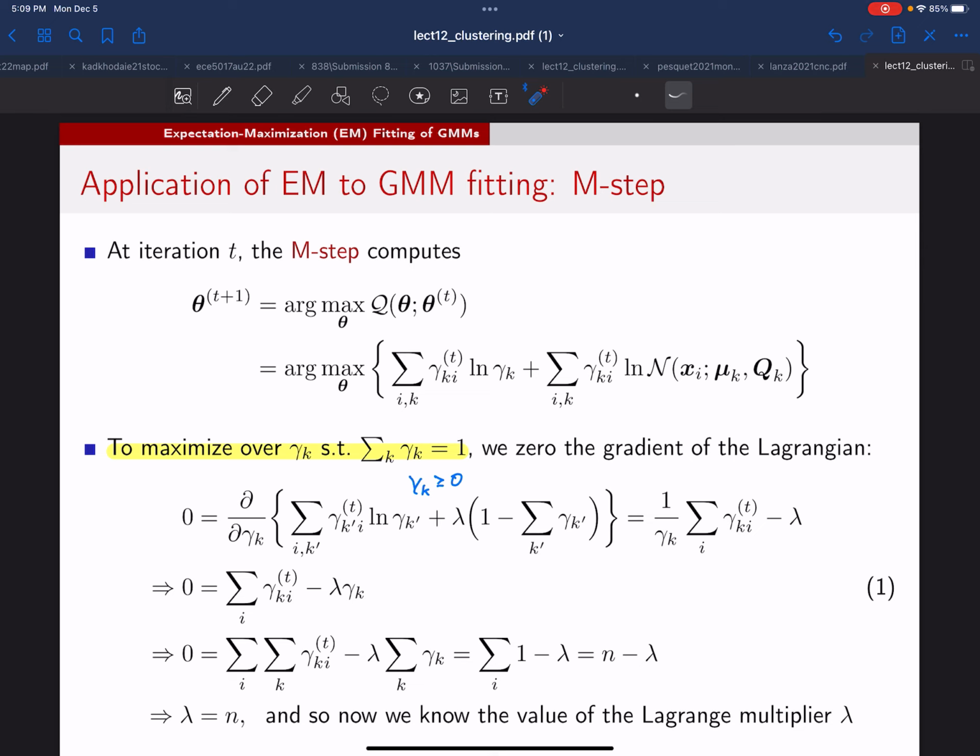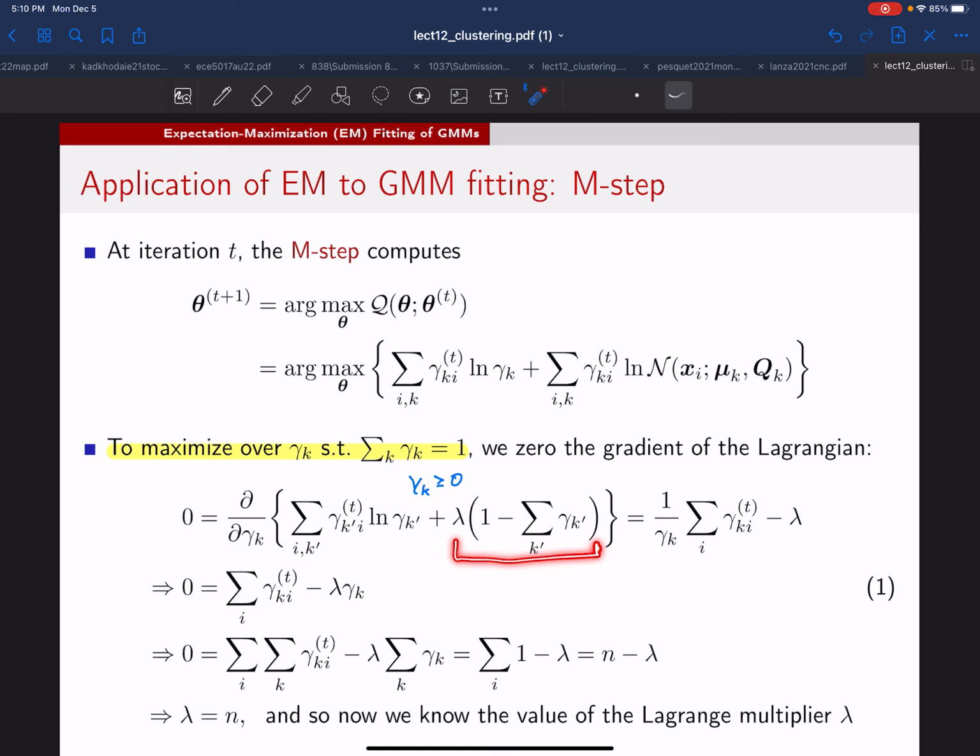It will happen naturally, but we do have to explicitly enforce the summing to 1 constraint. When we maximize over gamma_k, you can see there are no gamma_k's over here, so we can forget about that. We just need to maximize this thing over gamma_k. So this is the objective, and this is how we enforce the constraint.